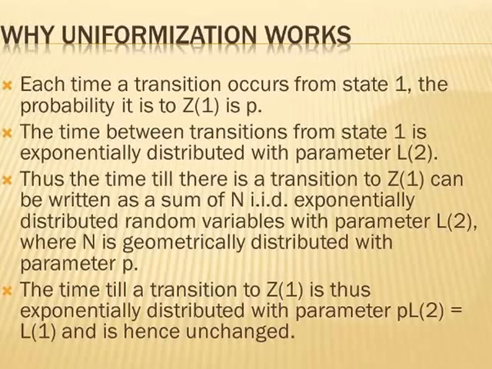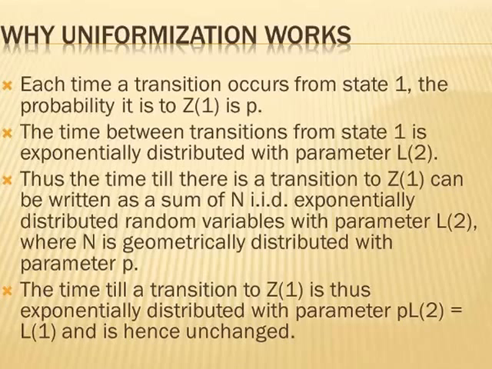Thus, the time till there is a transition to Z1 can be written as a sum of n IID exponentially distributed random variables with parameter L2, where n is now geometrically distributed with parameter P. So there is a sequence of transitions which are from state 1 to state 1, and after a geometric number of these, the transition is successful to the set Z1.